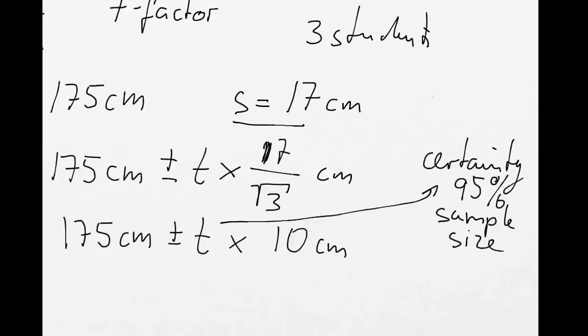I will always give you a t-value. Yeah? But I'll show you in a minute how you find it out yourself, because I figured it out on Excel, how to do it. So t, in this case, would be 4.3. But t changes. The larger our sample size, the smaller t.